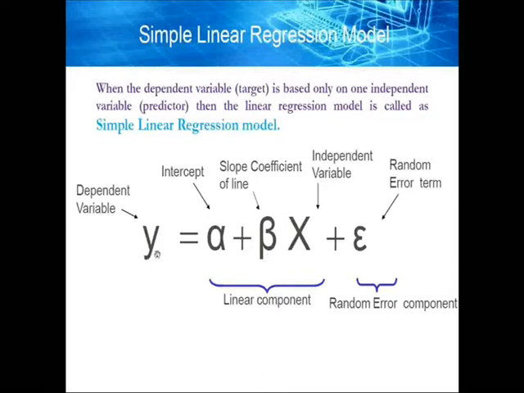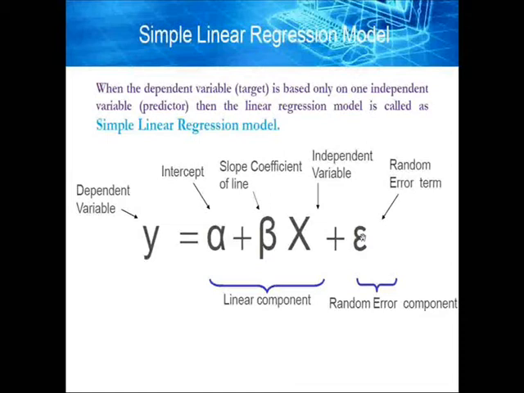As we define, the value of Y is represented by two components. First is the linear component and second is the error component. The first, linear component, is obtained by the equation of a line, and we consider the parameters with that, and here we want to add the error component. What is the error?